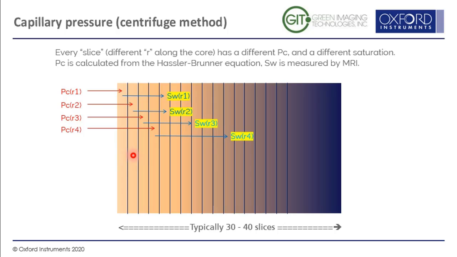For each virtual slice along the length of the core, we calculate the capillary pressure using the Hassler-Brunner equation, and we measure the saturation of the slice using the MRI 1D profile method. We therefore have a set of points to plot against each other on the capillary pressure curve.